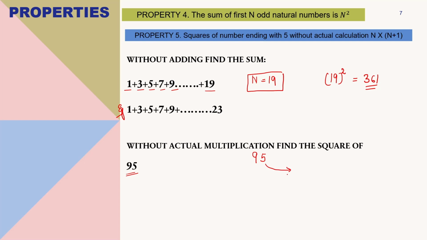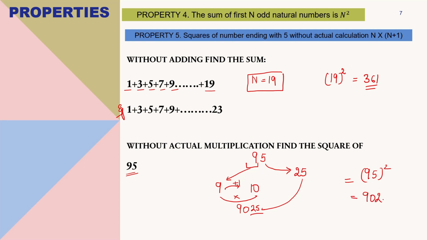For a number which is ending with 5, first find out the square of the last digit, that is 5 square is 25, and then whatever be the remaining digit, add 1 to it, it will become 10, and then find out the product. 9 into 10 is 90, add 25 at the end. So the result of 95 square is 9025.